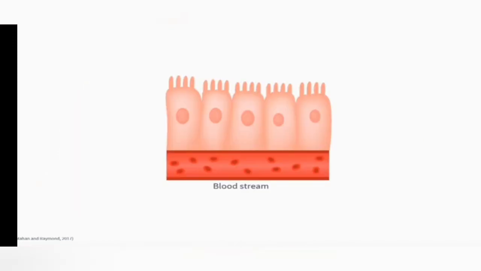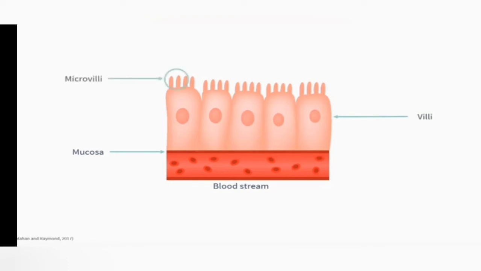A large part of the digestion of food occurs here, and the major part of absorption also occurs in the small intestine with the help of the microvilli. These finger-like projections can absorb the food particles and nutrients, and with the help of the mucosa they absorb and pour the nutrients and food particles into the bloodstream.